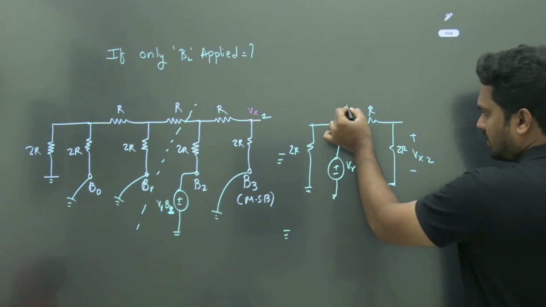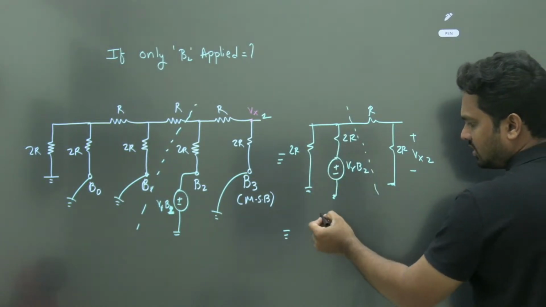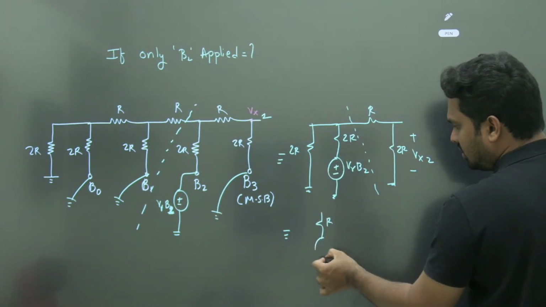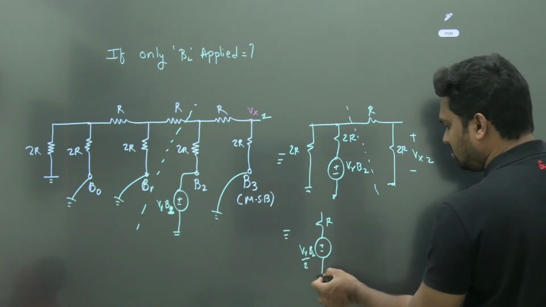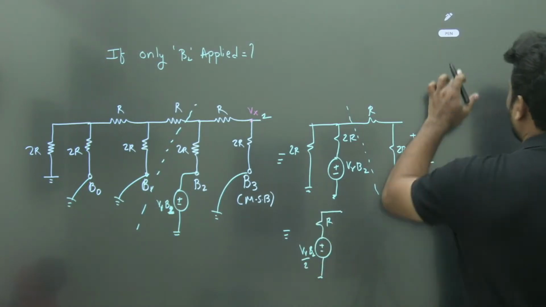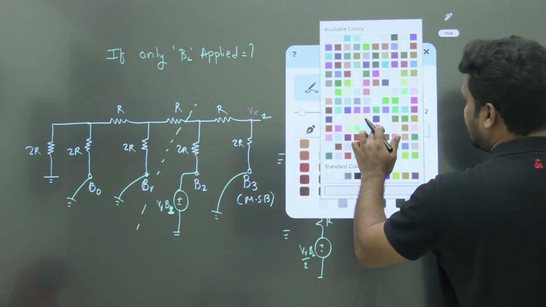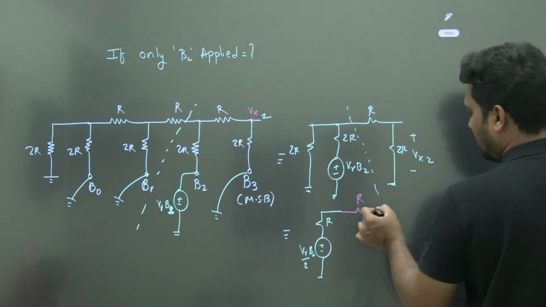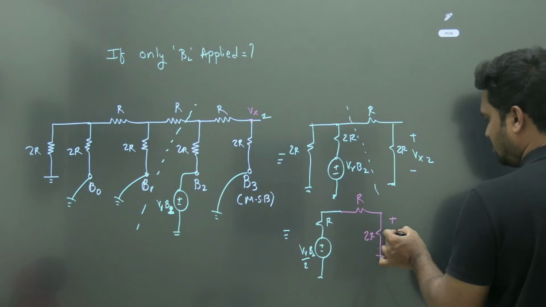If you have this part, voltage source in series with resistance, parallel with the same resistance, so 2R is divided by 2, in series with VR into B2 by 2. The remaining part you connect as it is. What is the remaining part here? R and 2R. So this is your Vx2.